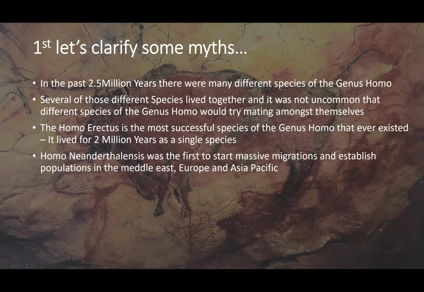And Homo neanderthalensis was the first one to create instruments. To take rocks and create instruments, spears and knives and things that could make his life easier. And he was also the first type of human being to domesticate fire.